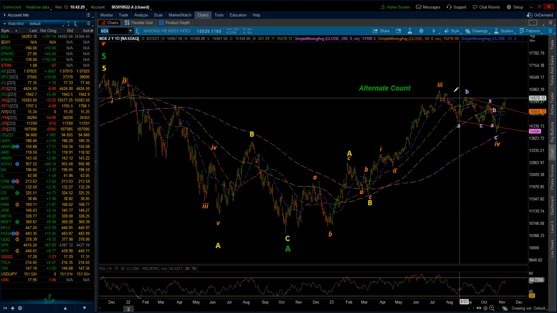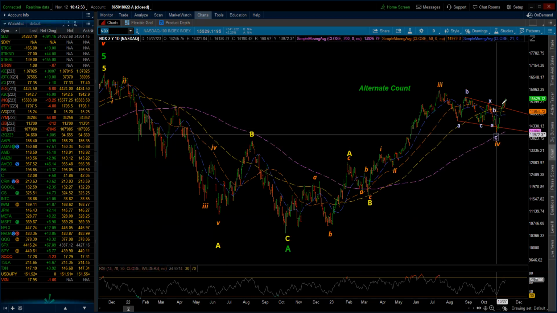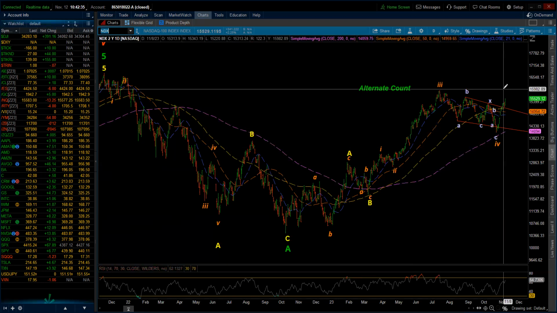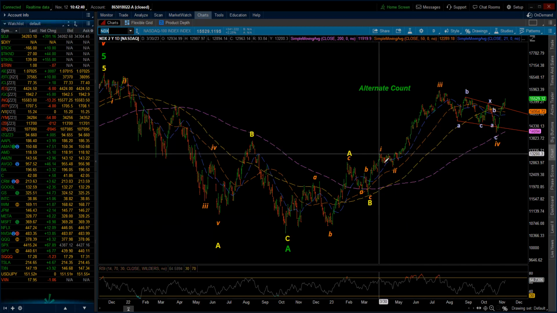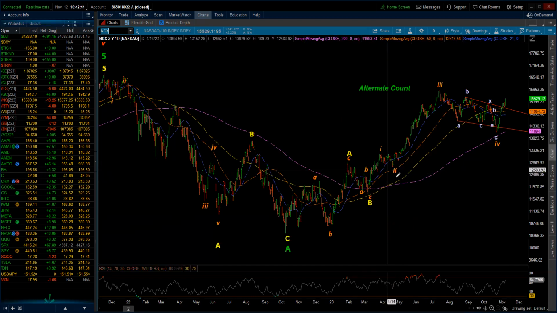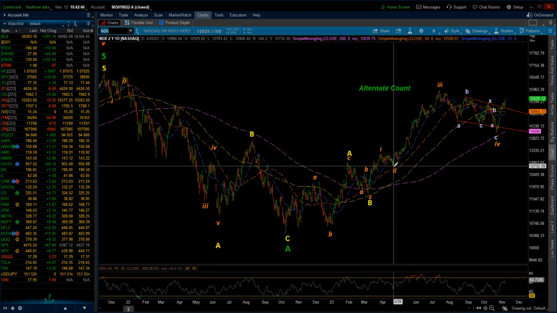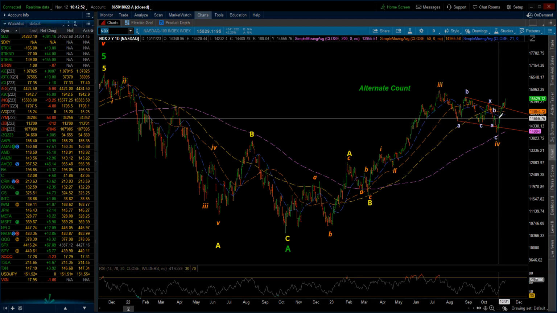Putting us again, same alternate count, into a fifth wave, a minor fifth wave. Here again, 4 does not overlap wave 1. It just is much bigger than wave 2 and much more involved than wave 2. Took longer, much wider, much bigger.